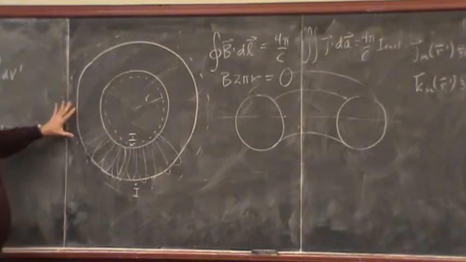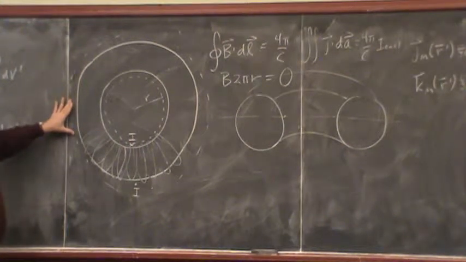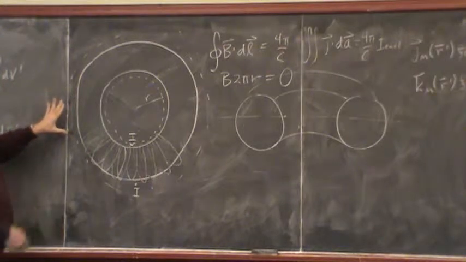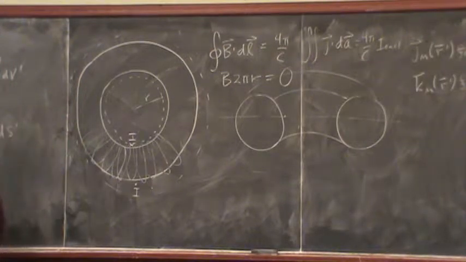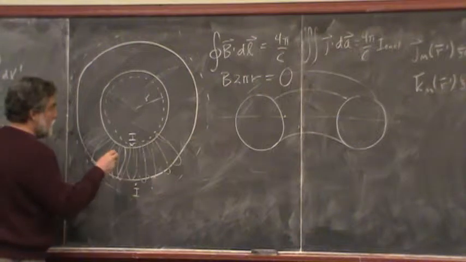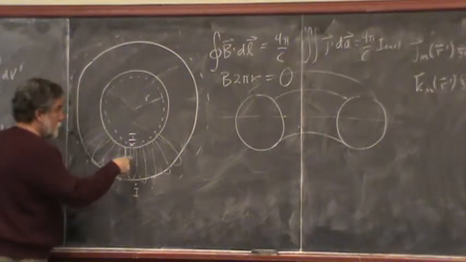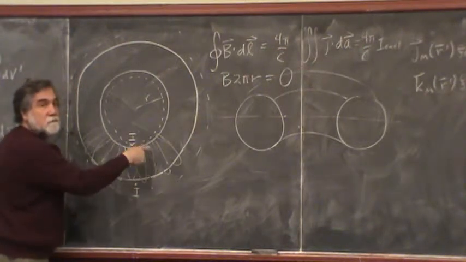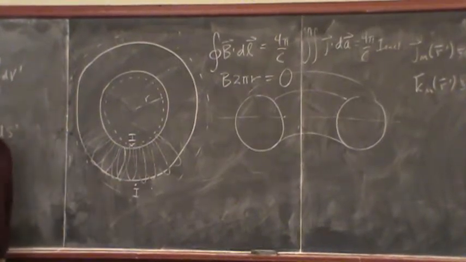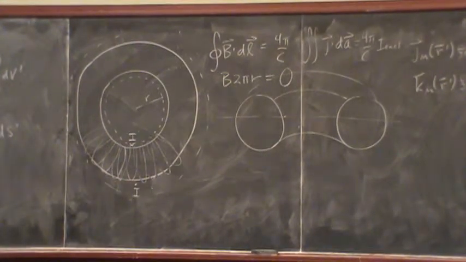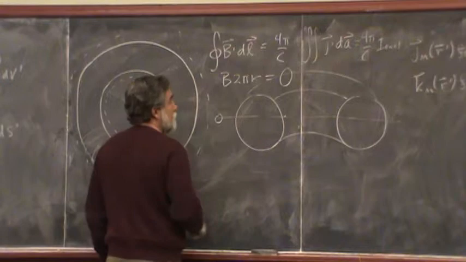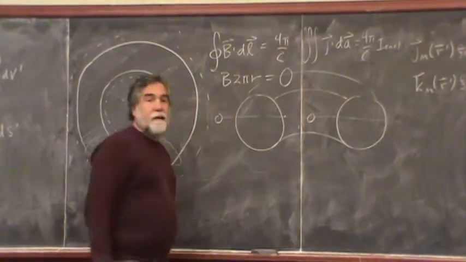The argument can be made that the magnetic field is 0 outside because the net current flowing through this surface that I just chose down the middle has got to be 0, because what goes in goes out. So I know that my magnetic field is 0 out here and 0 in there.